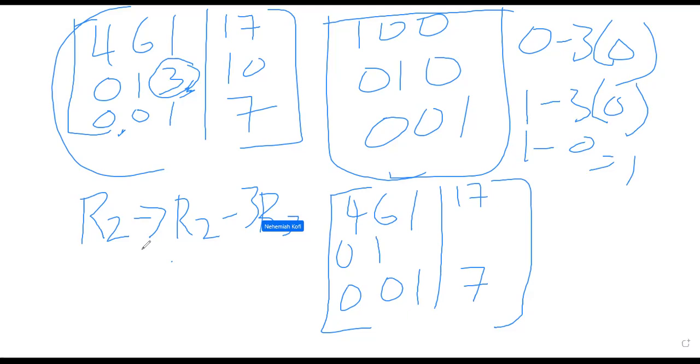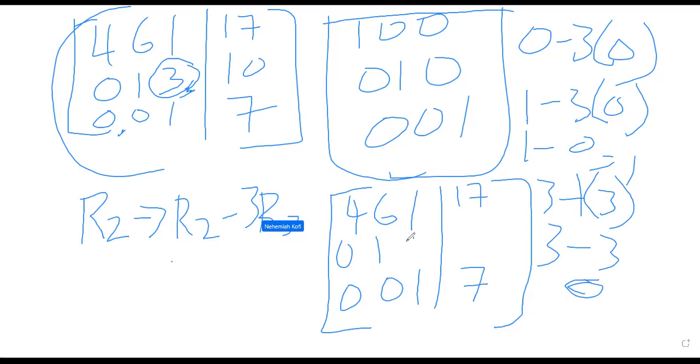And then we have 3 here. 3 minus 3 is equal to 0.